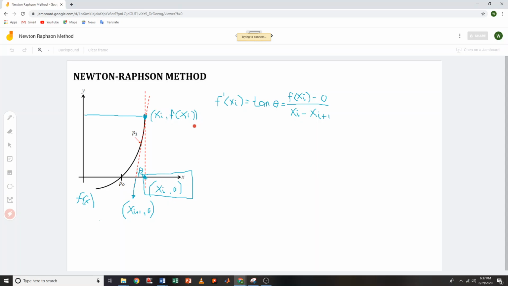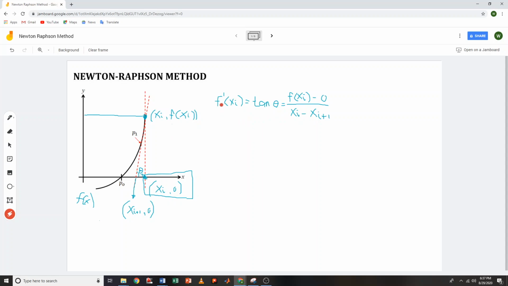Note that if we draw a tangent line here, we can get the slope of this tangent line, represented by theta. Tangent theta is the slope of this tangent line.